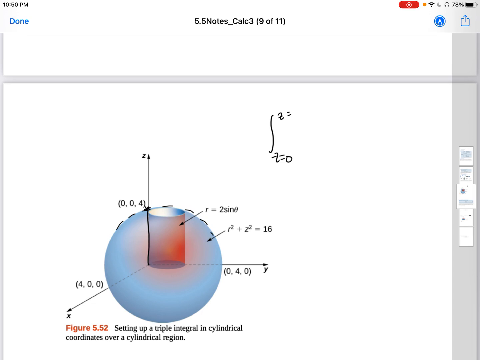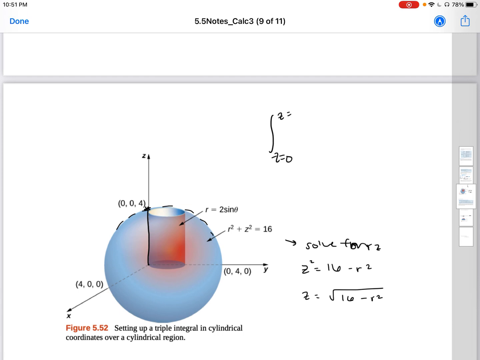If we want to solve for z, since we're trying to find that z bound, z is equal to, let's move the r to the other side, 16 minus r, and I forgot that square. Let's take the square root. So I have the square root of 16 minus r squared.